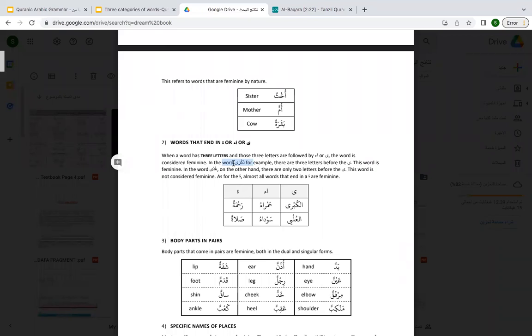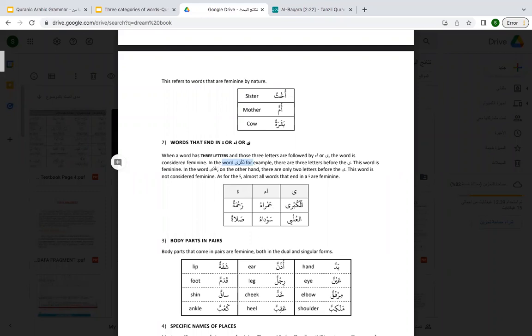Yes, 3. So Sabra, you're right. There are 3 letters before your alif maqsura, so now this word is feminine. But Huda, the root letters for Huda are Ha, Dal, Ya. Its alif maqsura was not preceded by 3 letters, so this word is not going to be treated as feminine. It is going to be treated as a masculine word.